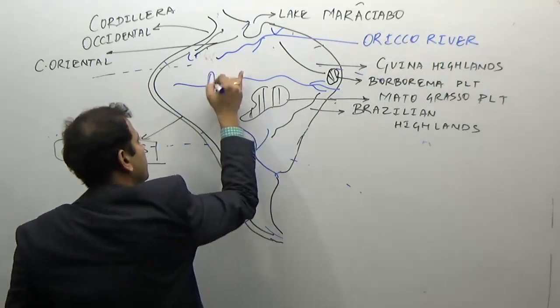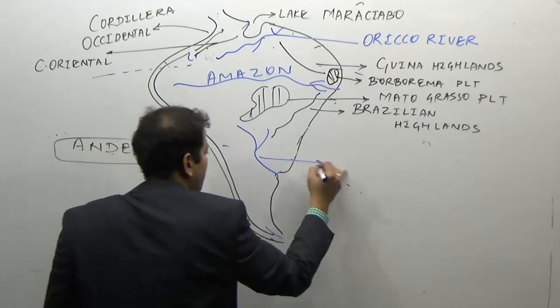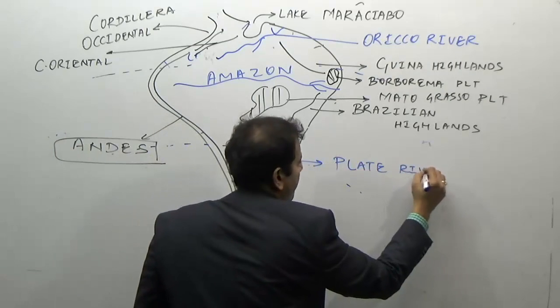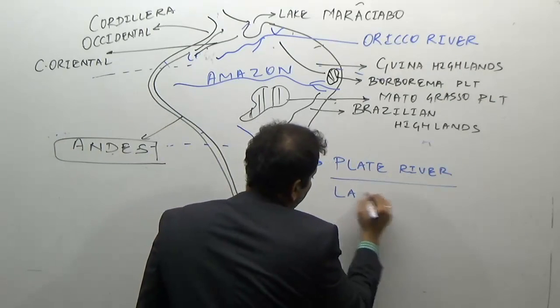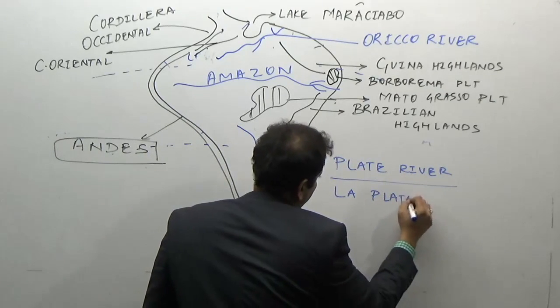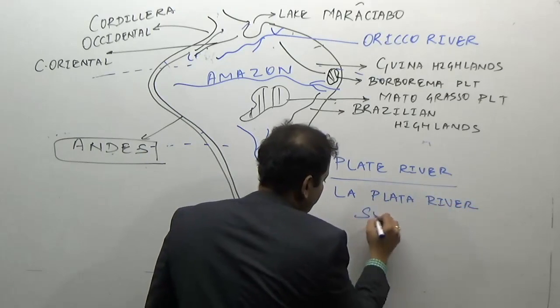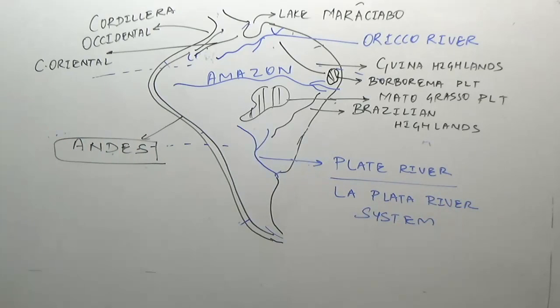The Amazon River is the largest river in the world, and the Plate River is also known as the La Plata River System.